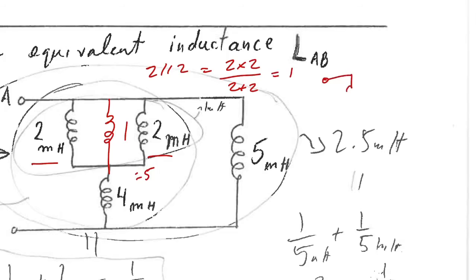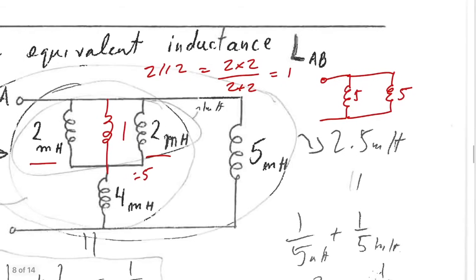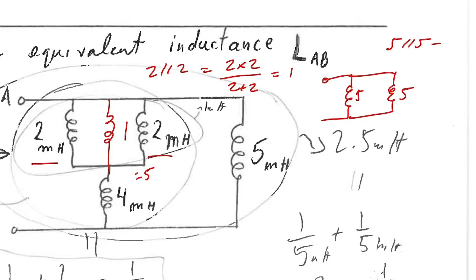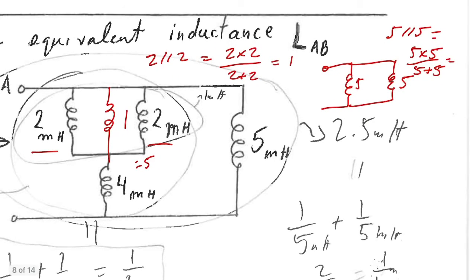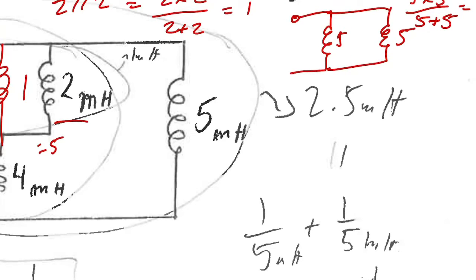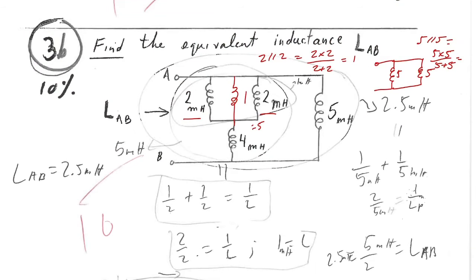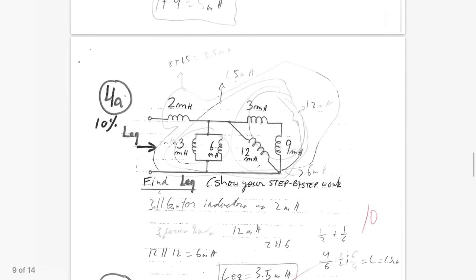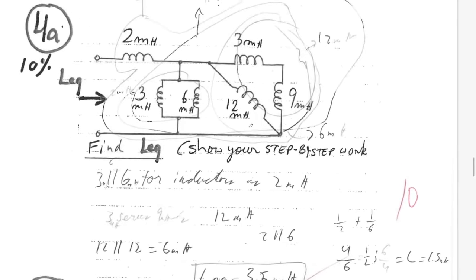And so our new diagram, you have a 5 here, you have a 5 here, and 5 parallel 5 is equal to 25 over 10, which is going to give you 2.5. Let me just calculate that, make sure I'm not tripping. 25 divided by 10, yeah, 2.5. Perfect.